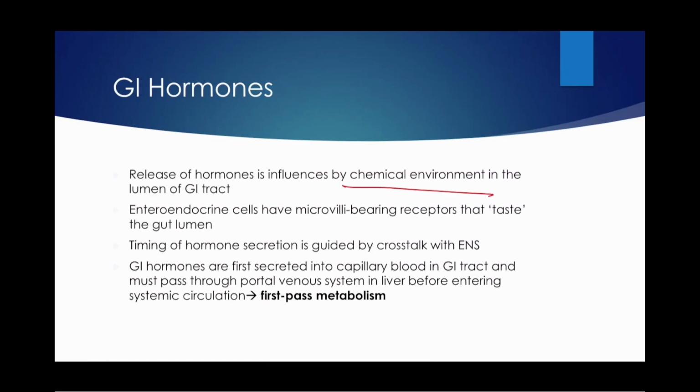If you didn't have any fat in your meal, your gallbladder wouldn't really be involved that much, because you don't have a very high fatty meal. Enteroendocrine cells have microvilli that taste the gut lumen. So they're like taste receptors. They are going to see what food you just ate and act accordingly based off of that. Timing of the hormone secretion is guided by crosstalk with our enteric nervous system.